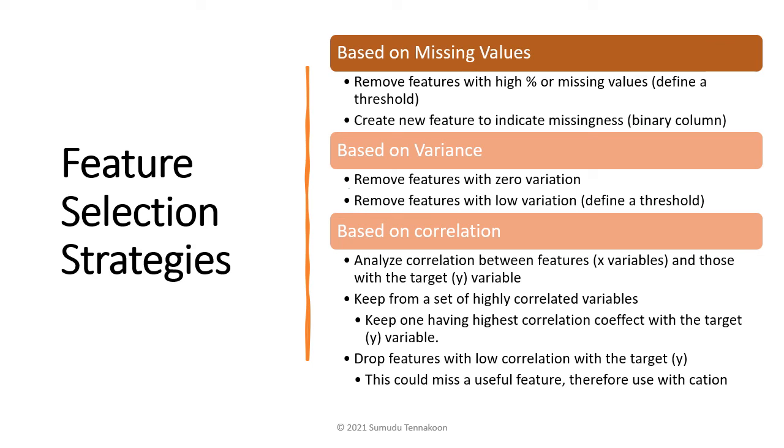Then you have to decide whether to keep it or not. That's a very intuitive decision you need to make. You cannot simply throw any of these away just by looking at one value, or just because you like or dislike it. So be careful, because you may be dropping a very important feature. Therefore, if you are dropping based on correlation, do a thorough analysis. Based on variance, do a thorough analysis. Based on missing values, also incorporate domain knowledge into the problem, or do it systematically.